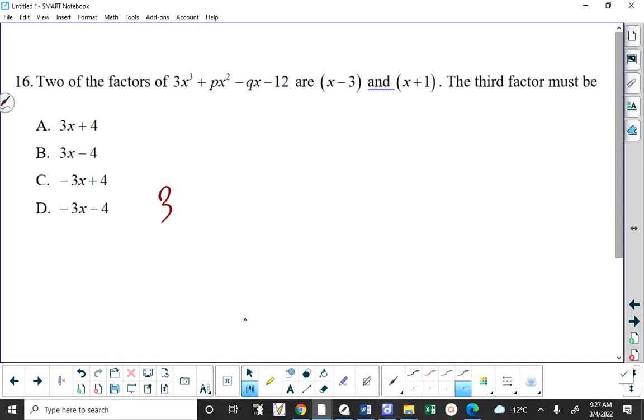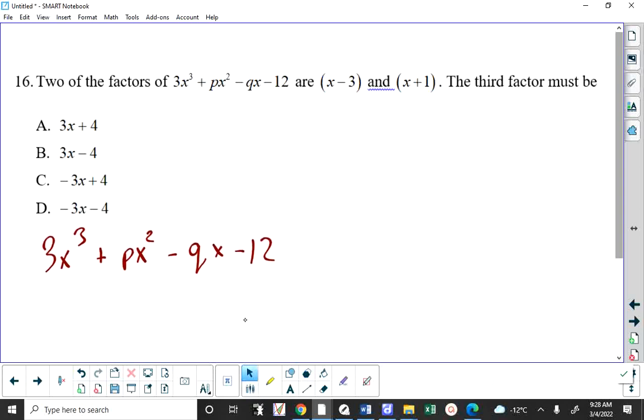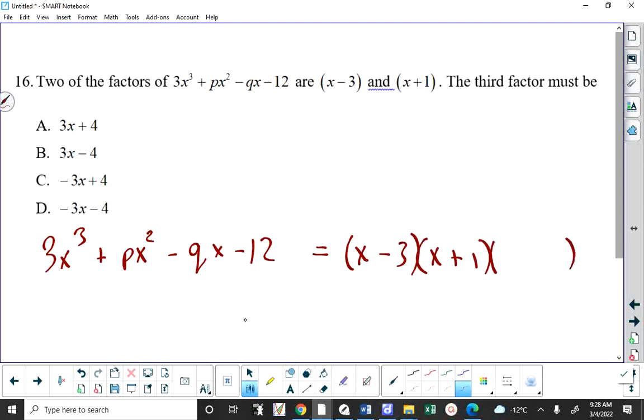We know that 3x cubed plus px squared minus qx minus 12, since it has a factor of x minus 3 and a factor of x plus 1, and it's cubic and we're asked to find the third factor, has to give me x minus 3, x plus 1 times some other factor.